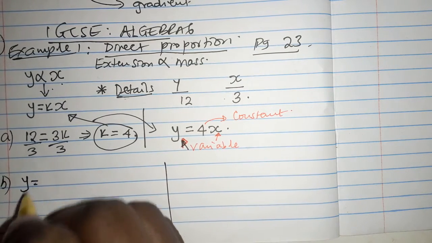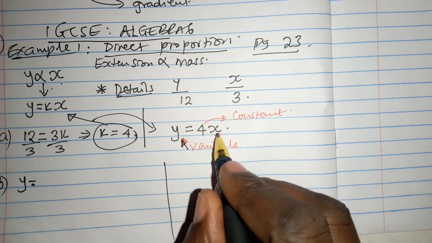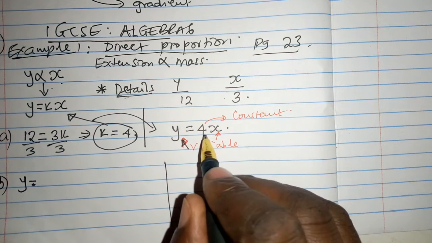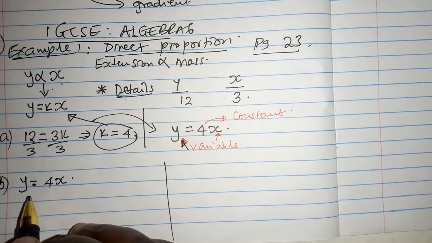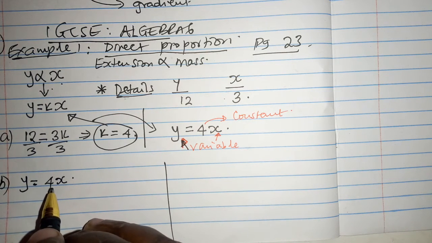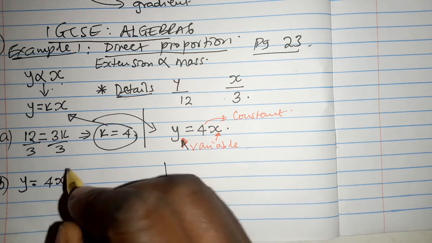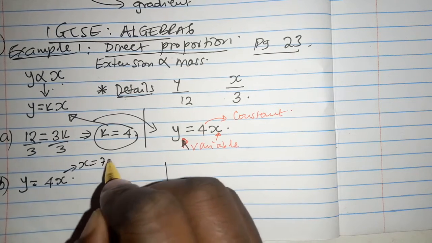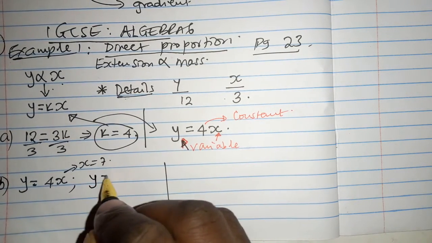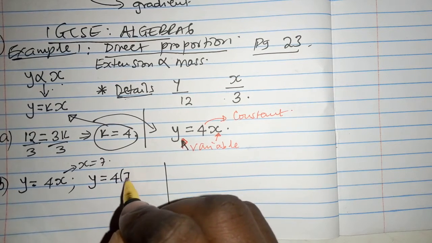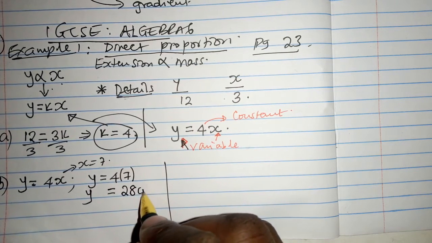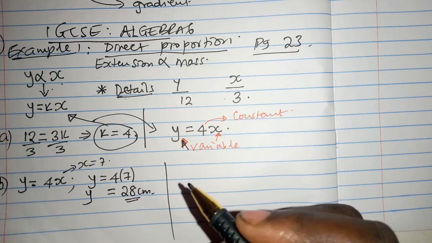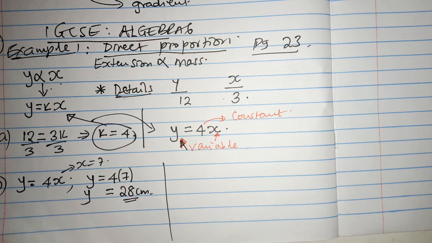So y is equals to 4x. Here x is equals to 7, so our relationship becomes y is equals to 4 times 7. And of course, the extension is 28 centimeters.